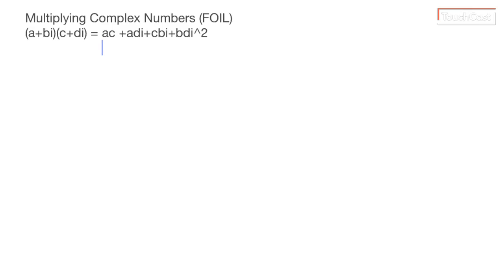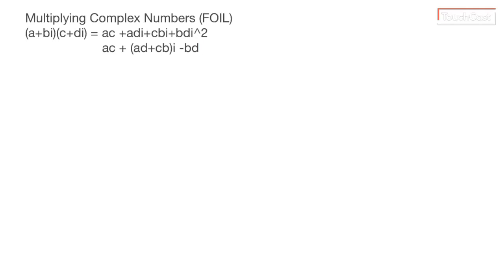So we can rewrite this. We can write it as a times c plus, with my two terms that have an i, I'm going to write it as (ad plus cb) times i minus bd, and then I'm going to just move some things around.